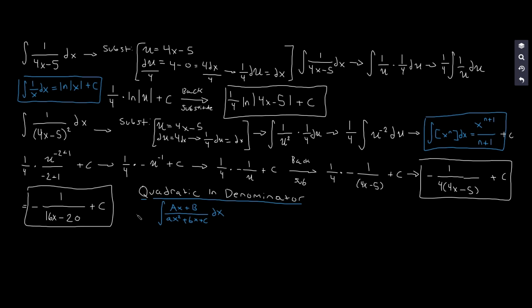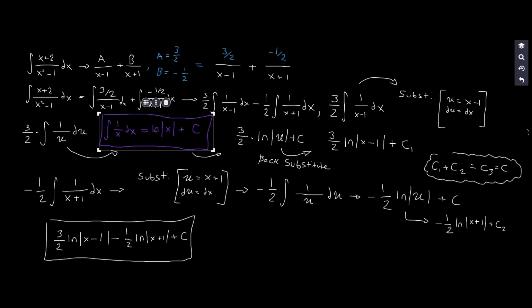And that was the case with our last problem. Let's see if I can find it over here, right? Where we had to factor that difference of squares in the denominator, and we had to write it as x minus 1 quantity times x plus 1 quantity, and that eventually led to two integrals whose integrands had linear denominators, so there was no need to integrate anything with a quadratic on the bottom.